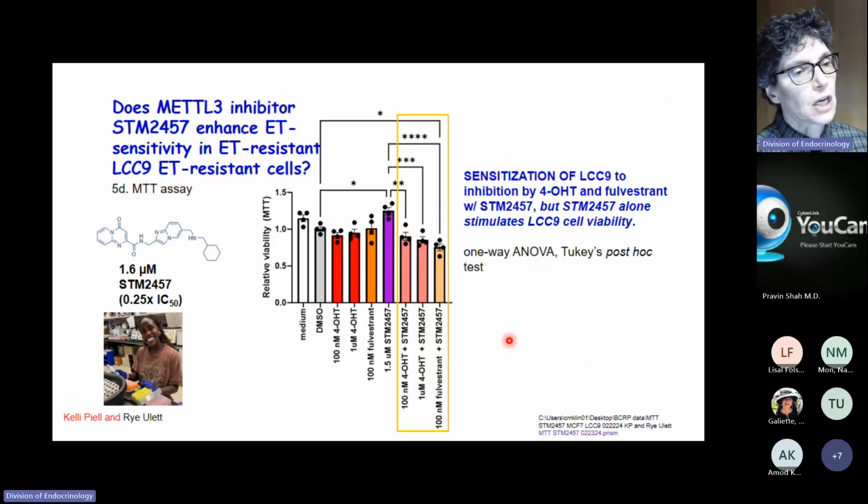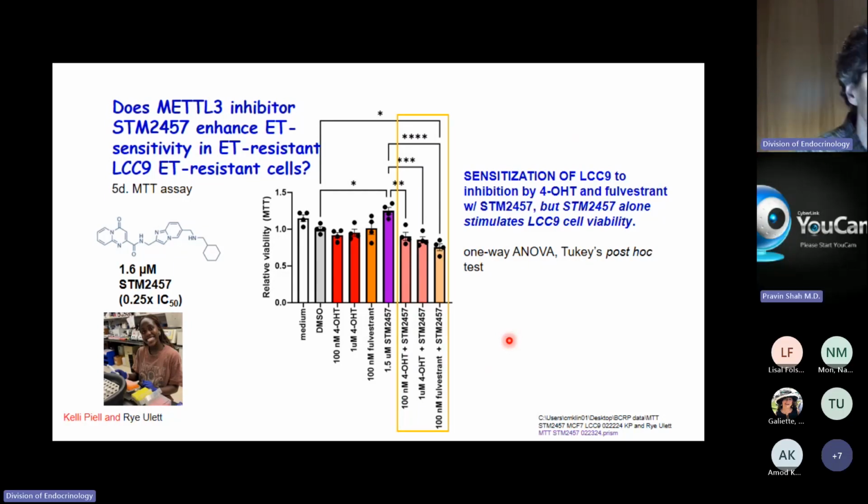So the next question I asked was, does the METTL3 inhibitor STM2457, and here is its chemical structure, sensitize cells? I'm not showing the data, but Kelly has done a number of experiments to look at the IC50 for all our breast cancer cell lines. And it turned out that we're going to use 1.6 micromolar, which is 25% of the IC50 value that we see in LCC9 cells.